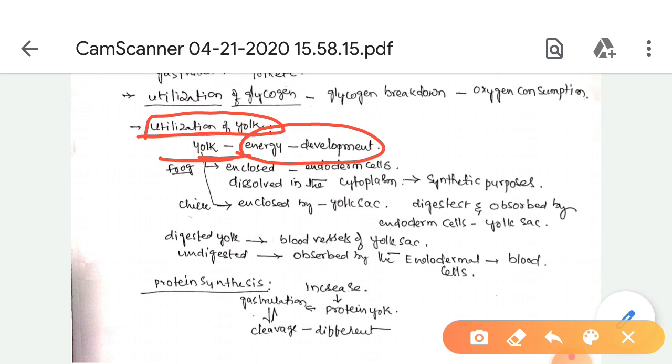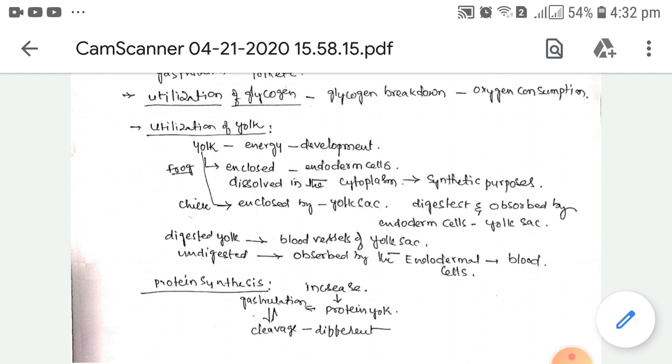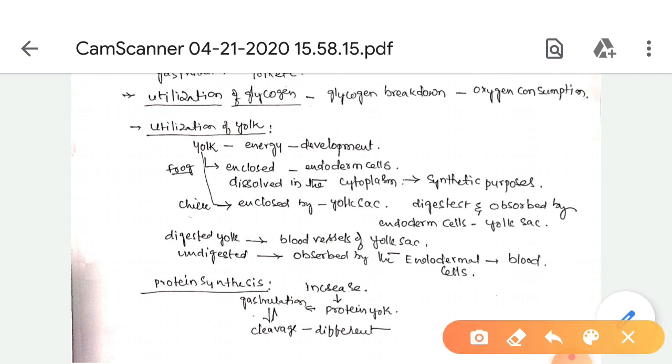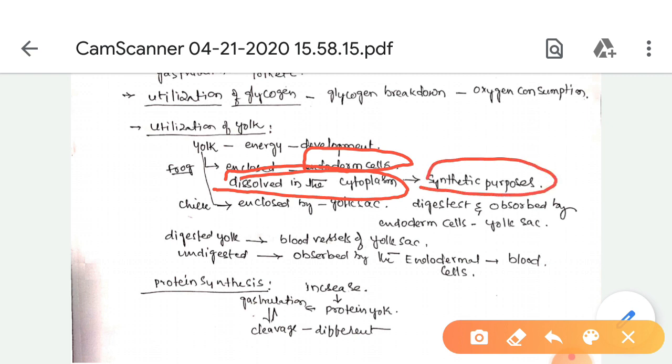We can observe this in frog and also chick. In frog, the yolk is enclosed within the endoderm cells, and the yolk platelets are dissolved in the cytoplasm. This solution is used for synthetic purposes.